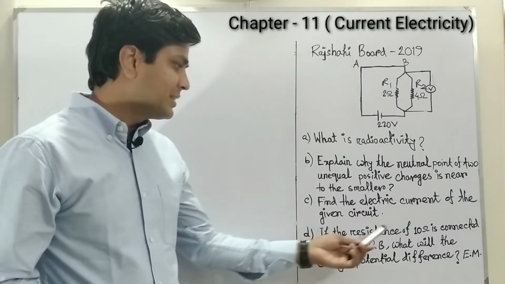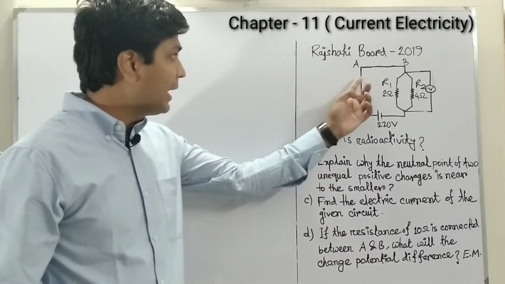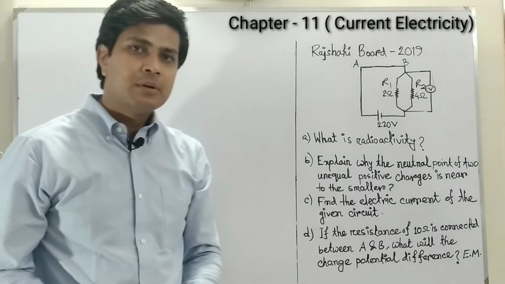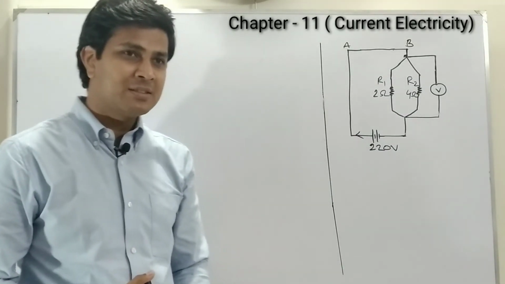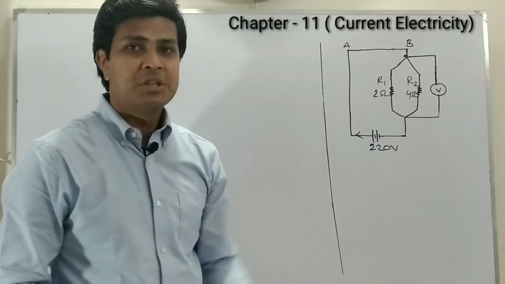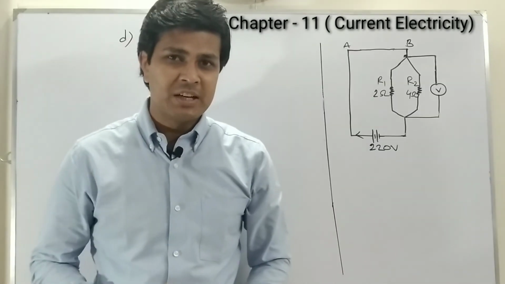Question D. Look at the question. If the resistance of 10 ohm is connected between A and B, then what will be the change of potential difference? In that question, we have to calculate the potential difference across the resistances R1 and R2 by the voltmeter. We can use a voltmeter to calculate the potential difference.